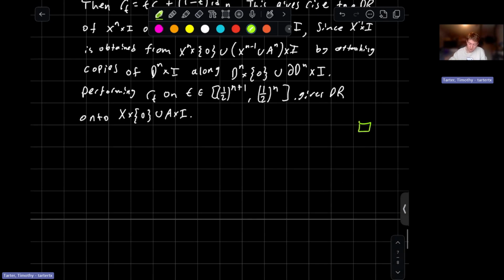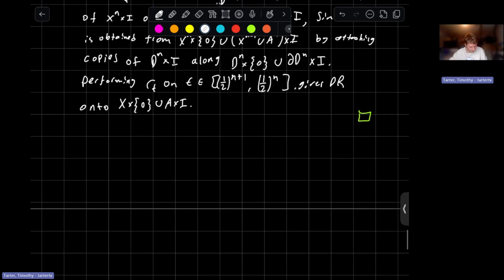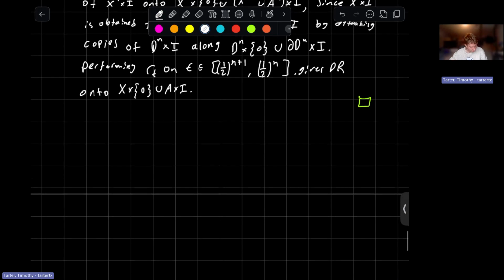Yeah, so now we can prove an earlier assertion that collapsing a contractible subcomplex is a homotopy equivalence. I think we started with this.